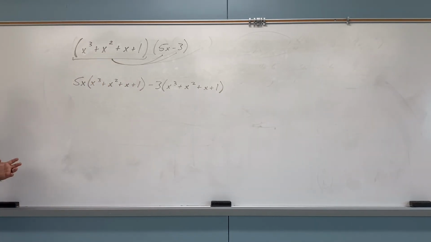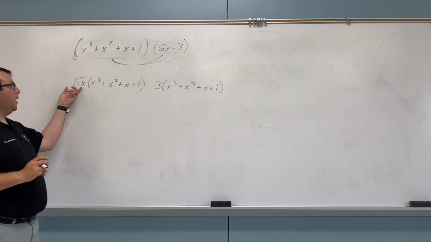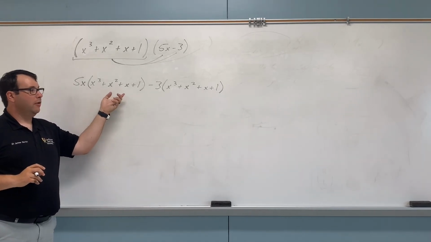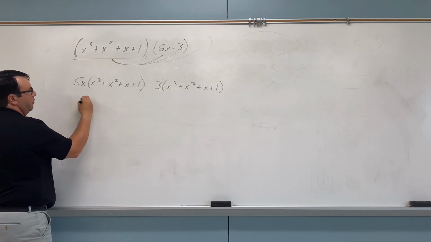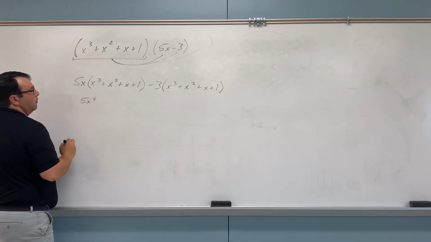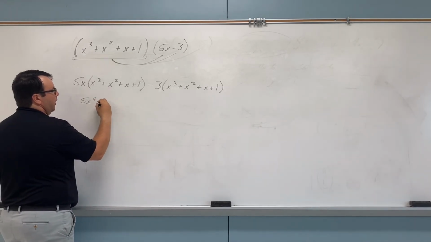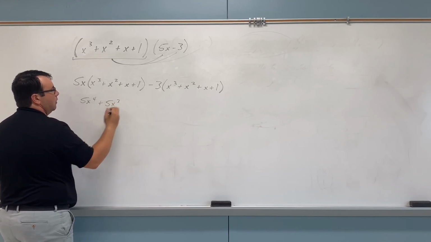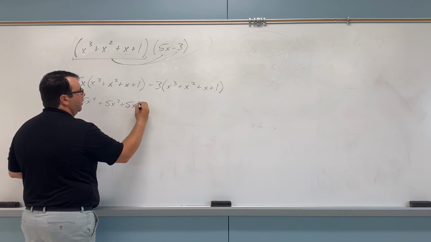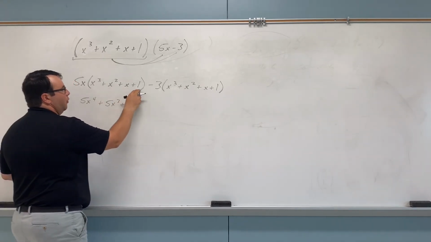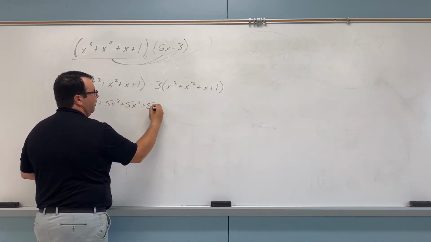At this point, we need to multiply our individual monomials times our polynomials here. And let's see what we get. So 5x times x cubed, I get 5x to the 4th. 5x times x squared, I get 5x cubed. 5x times x, I get 5x squared. 5x times 1, I get 5x.